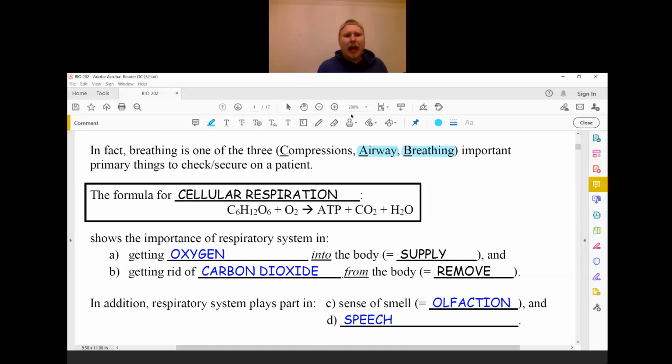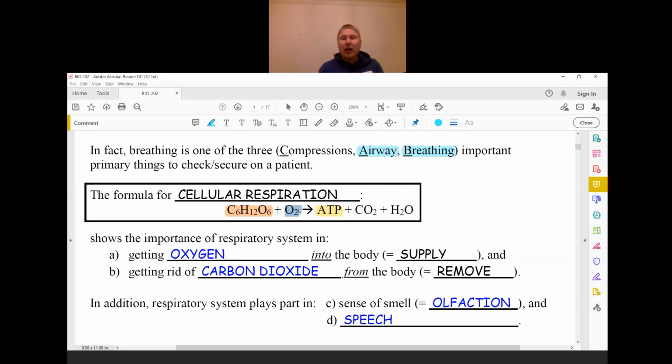So this brings us back to this familiar formula that we might have seen, which is all about cellular respiration. We see here we have sugars, which as part of the process of cellular respiration are turned into ATP, which was of course the energy currency of our cells. But to do this, we do need oxygen.